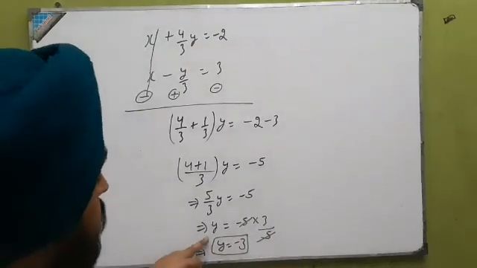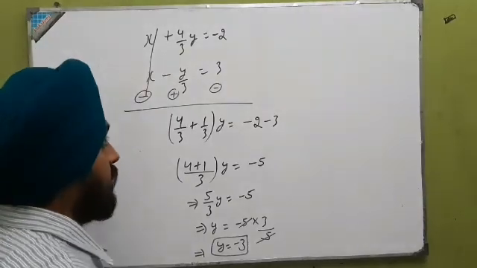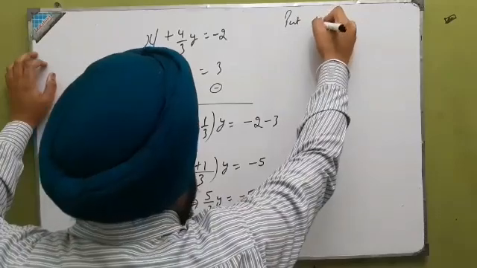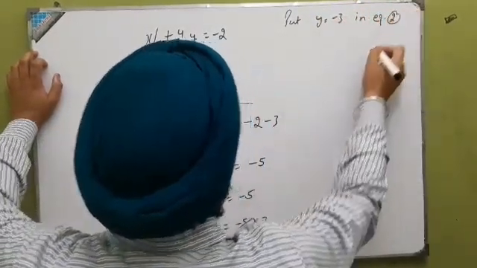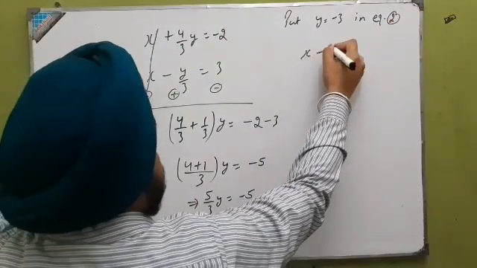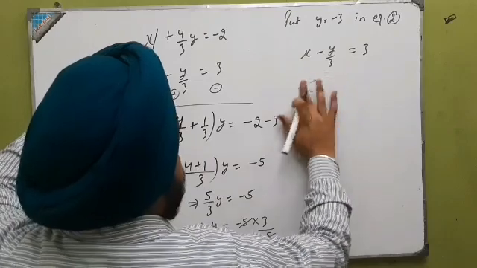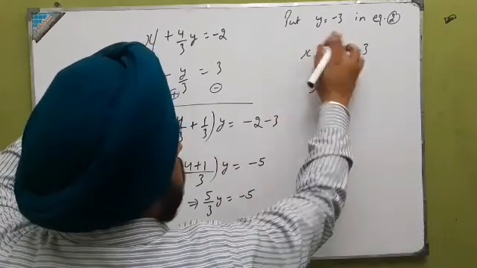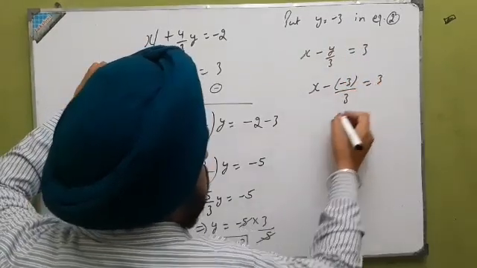Now we have to put this value of y as minus 3 in any one equation. I am putting it in equation number 2. Put y is equal to minus 3 in equation 2, that is x minus y over 3 is equal to 3. x minus, in place of y we can write minus 3 over 3 is equal to 3.